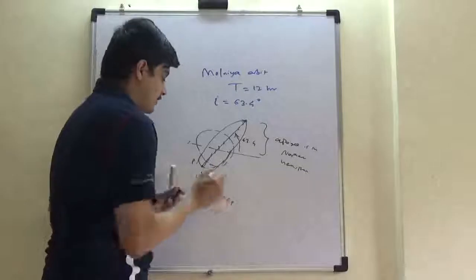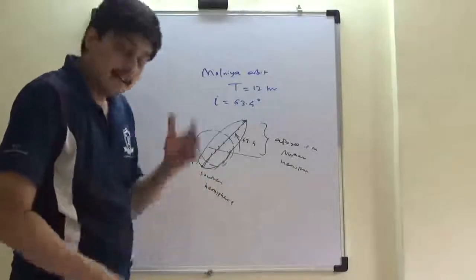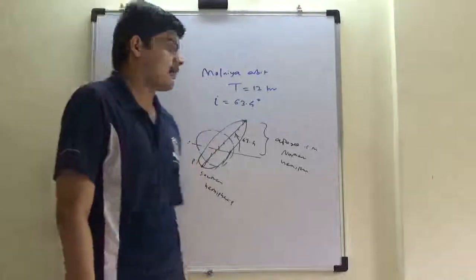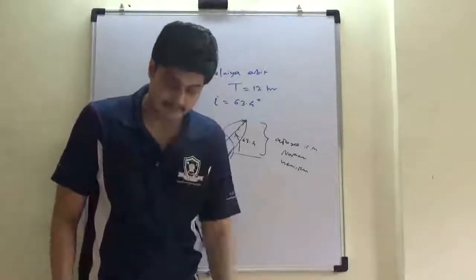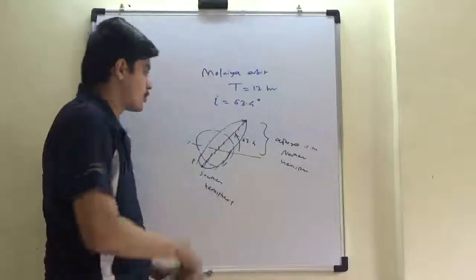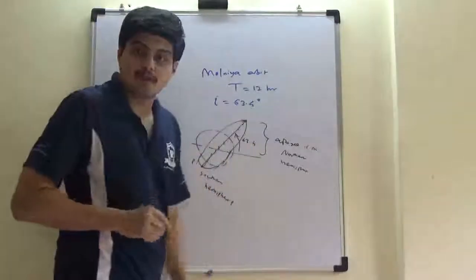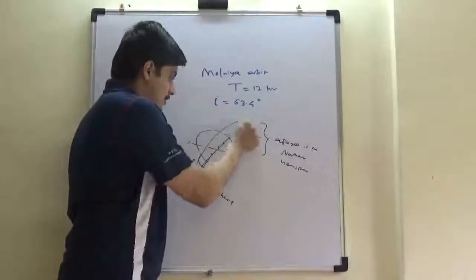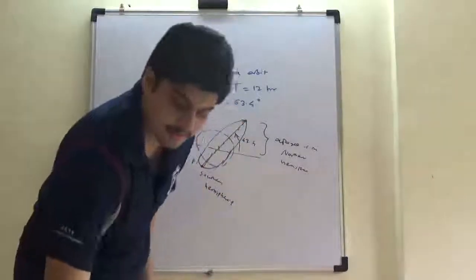Why so? Any guesses? The landmass of majority interest is maximum covered in the northern hemisphere. The satellite slows down significantly as it moves towards apogee. So it will spend maximum time in this zone, almost 11 hours.